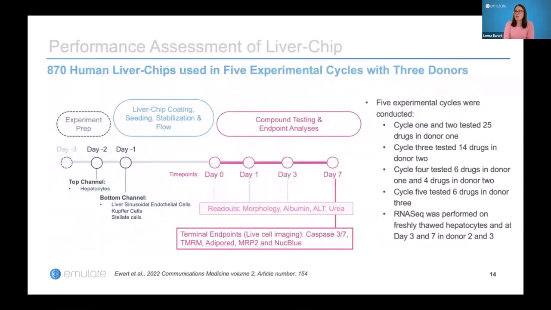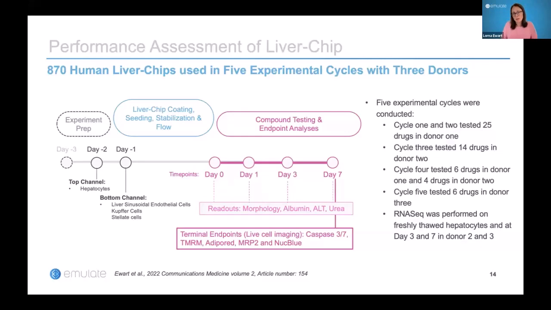So what did our experiment look like? Well, first of all, we used 870 human liver chips across 5 experimental cycles using 3 different hepatocyte donors. We have a period of around 5 days where we activate our chip. We then coat and seed the cells, starting with the hepatocytes, and 24 hours later, we seed in the stellate cells, the sinusoidal endothelial cells, and the Kupffer cells.